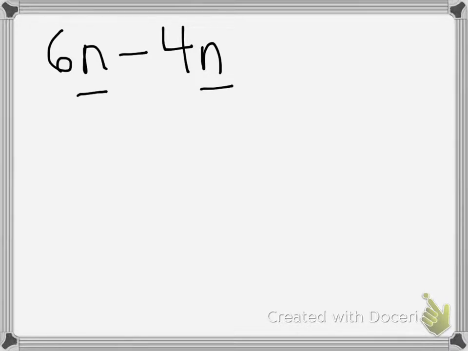You cannot combine x squared plus x cubed. So they would have to be the same power and the same variable. So, for example, if I were to simplify 6n minus 4n, since they both have the same variable, n, I can subtract 6 minus 4 and bring the n along to give me 2n.